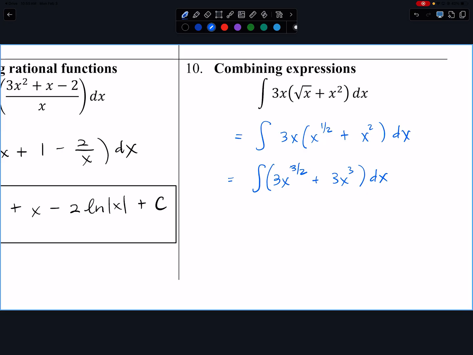Now, take my advice. They both have 3's, right? So what are we going to do with the 3? Take it out. So this becomes 3 times the integral of x to the 3/2 plus x cubed dx.